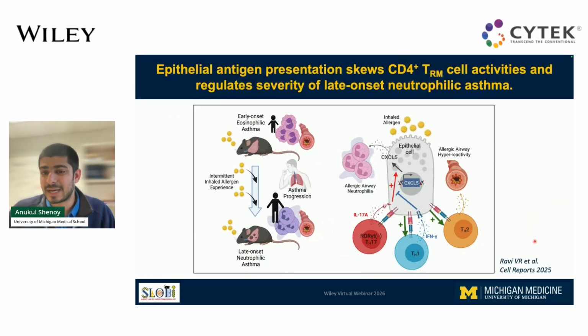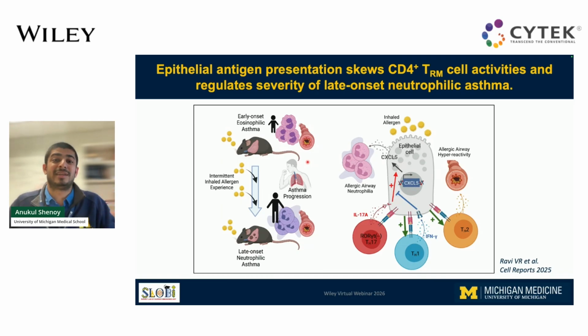So in this paper that we put out last year, what we are saying is that eosinophilic and neutrophilic asthma are not two different diseases. They can be diseases on a spectrum where the eosinophilic asthma can progress to become a neutrophilic disease. And clinically, this is not surprising to clinicians who see asthma patients, because there are patients that are initially responsive to steroids, but over time they become steroid irresponsive.